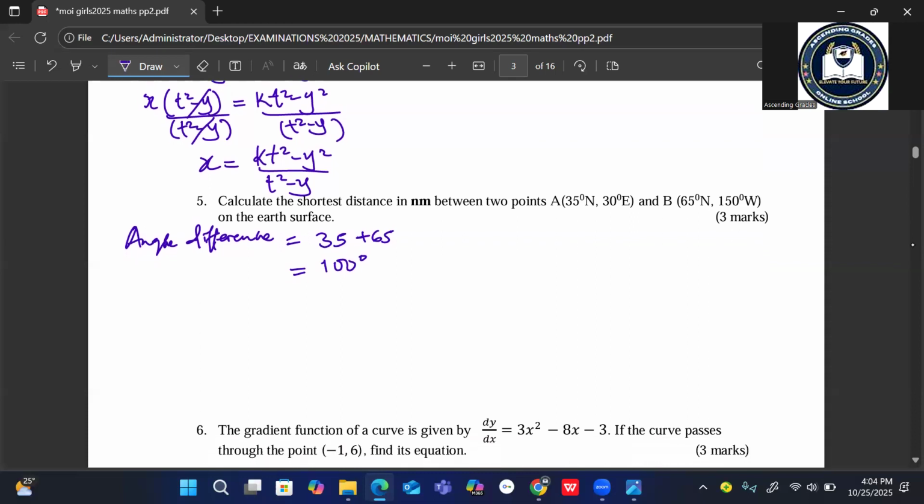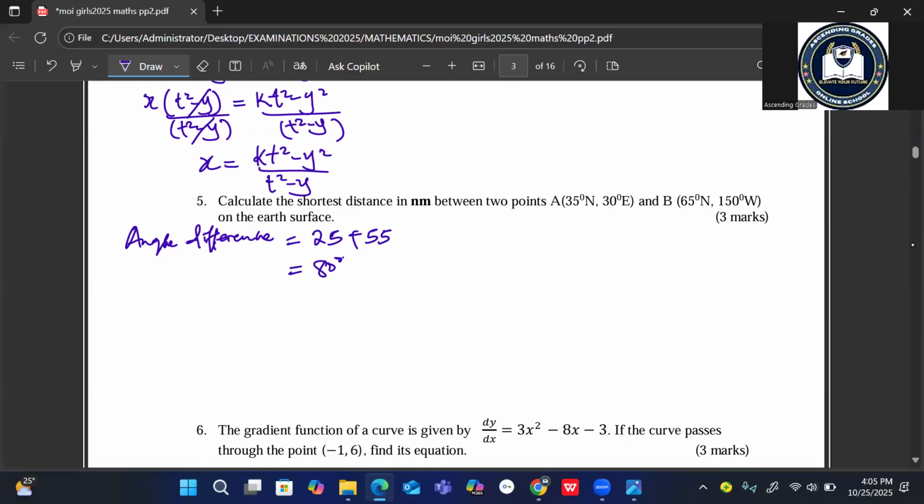So we find D. Sorry, with the angle difference, we're going to have 25 plus 55, so that we get 80 degrees.